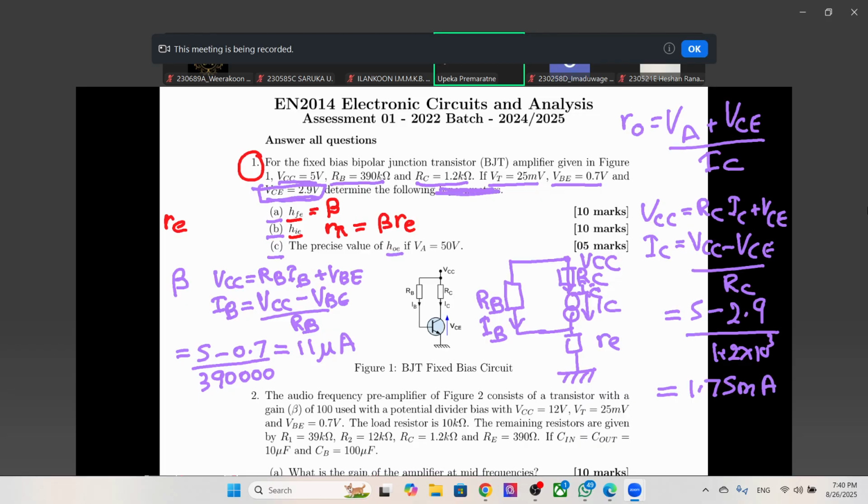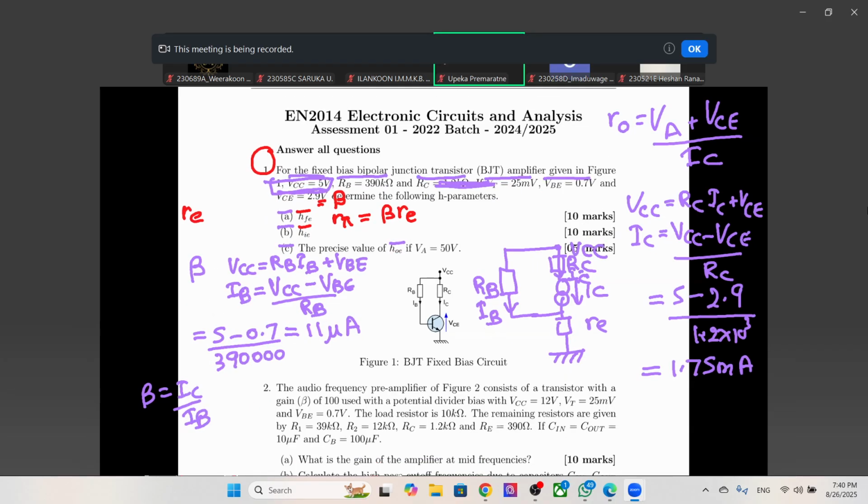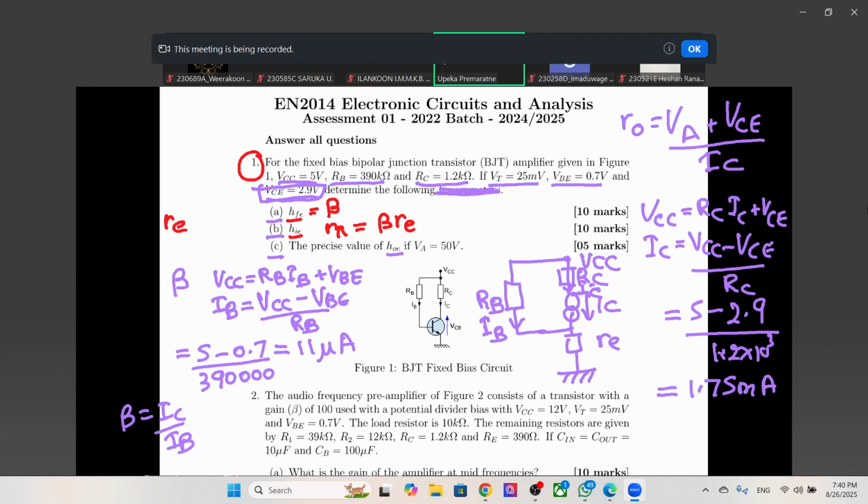Then beta, you divide the two: 1.75 times 10 to the power minus 3 divided by 11 times 10 to the power minus 6.